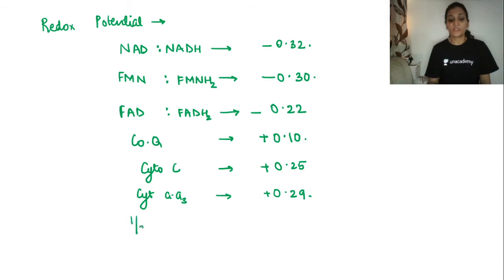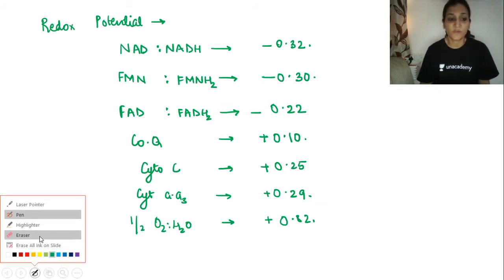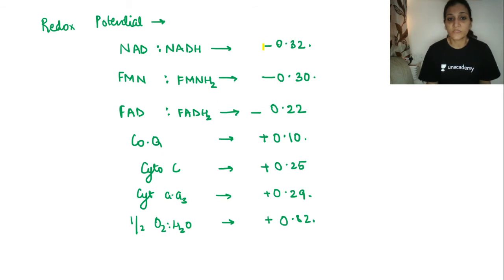The redox potential of half water is plus 0.8. So can you see some of them are negative and some are positive? What do this positive and negative actually indicate?